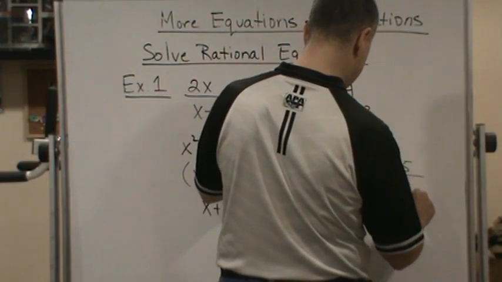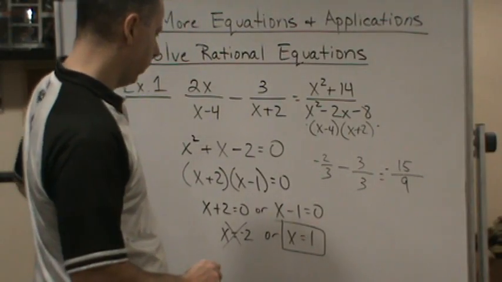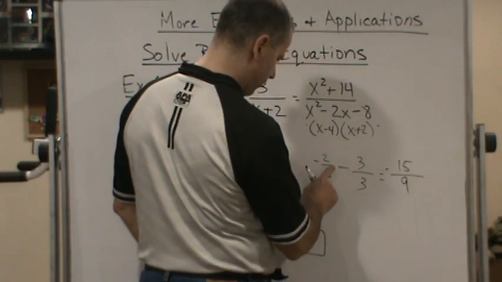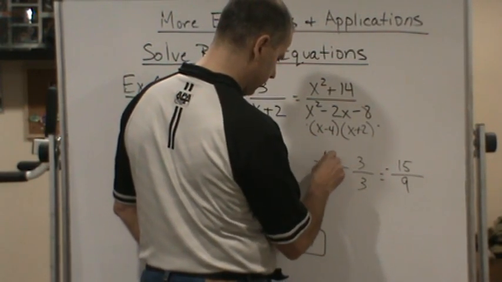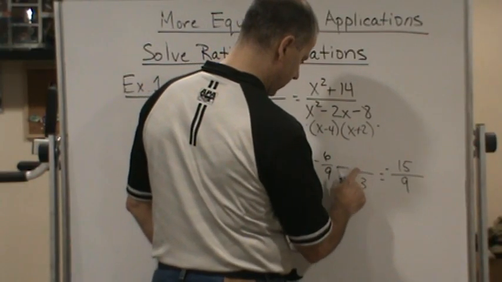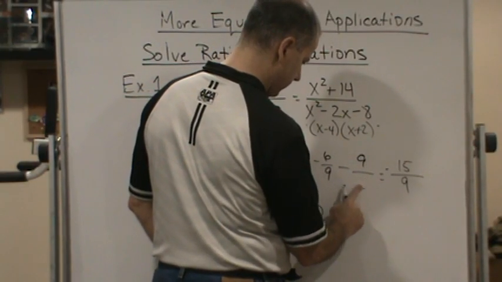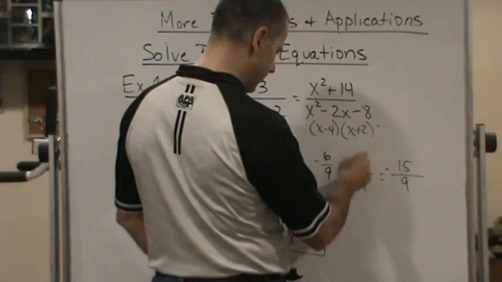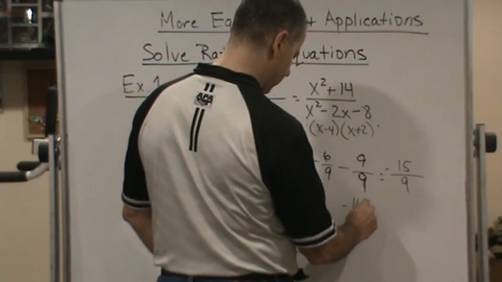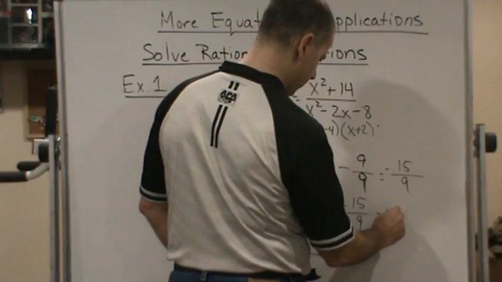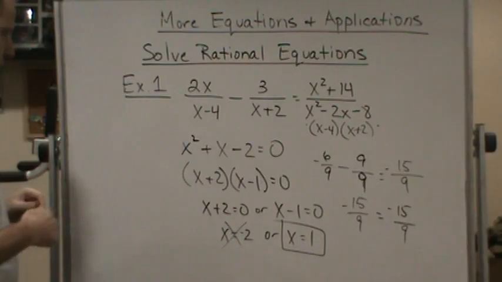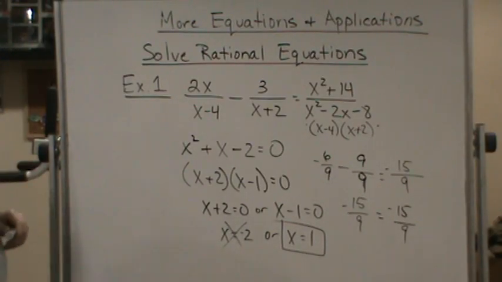So this would be 15 ninths. If you make this into ninths, this will be -6/9 and this will be 9/9. If you add the left side, you get -15/9, and you get a true statement. And so you just verified that x = 1 is indeed a true solution. All right, that's it.